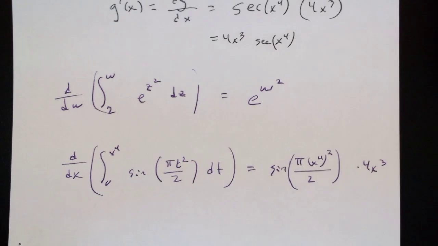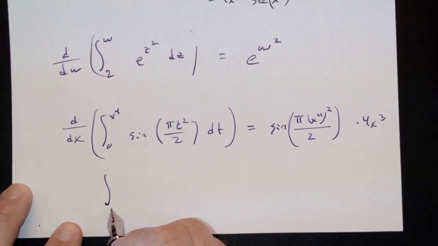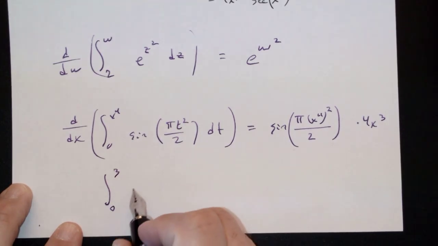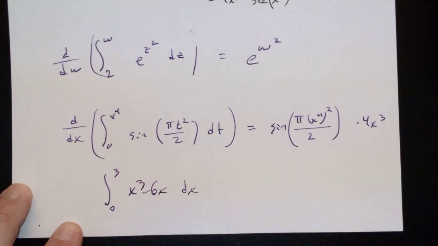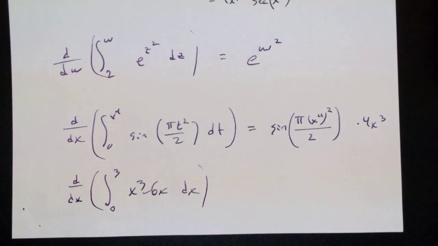So if all of these were numbers, the integral from 0 to 3 of x cubed minus 6x, right? If I ask for the derivative of this, the thing inside that set of parentheses is a number. It's negative 6.75. We worked that out on Monday. What's the derivative of a number? 0.